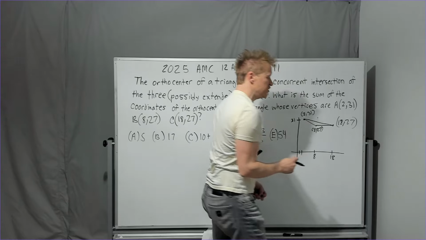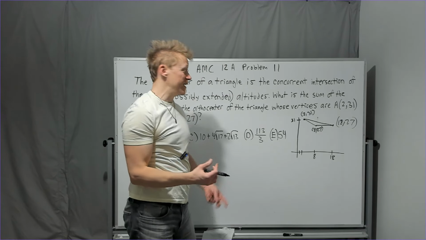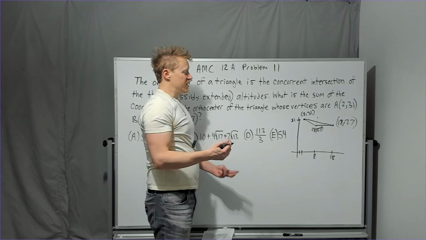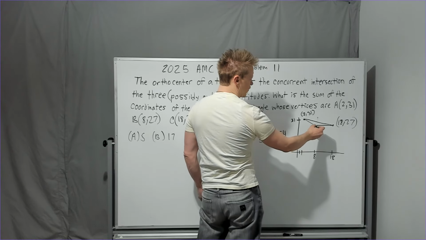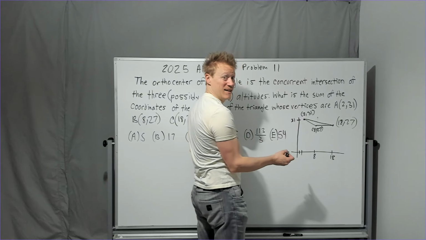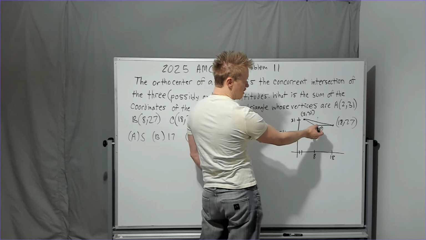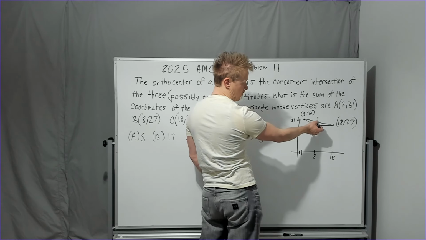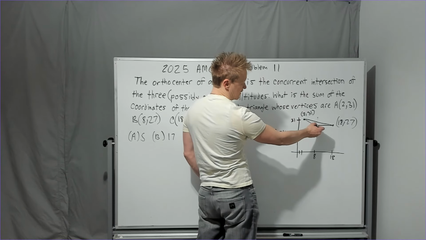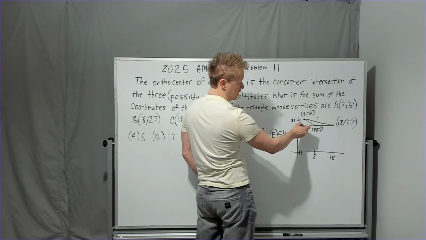Now an altitude to a triangle does not have to be inside the triangle. It's a known property that it just has to be perpendicular to the line that the base is on, and all three sides can play the role of a base. You could draw here to make that one, but I don't want that one. I see right away a benefit to that 27.